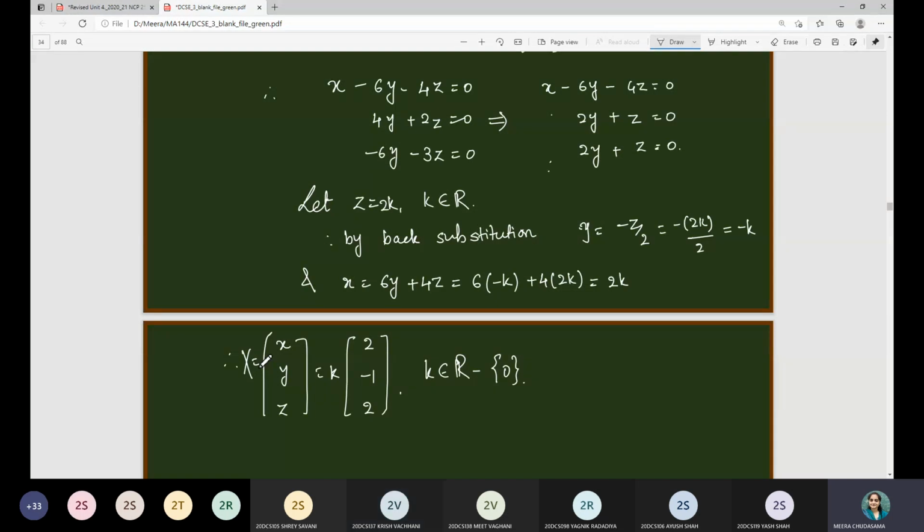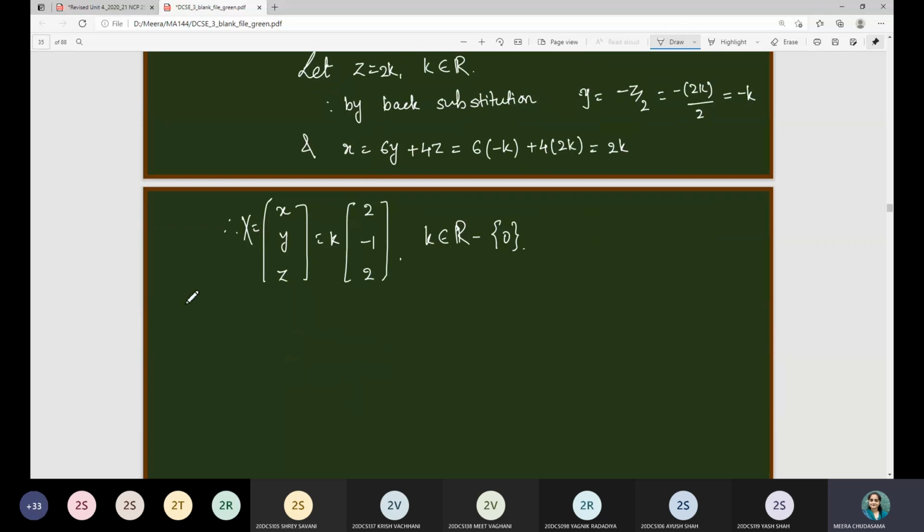Yes, because we are considering the eigenvector as a non-zero vector. Therefore, if k is equal to 0, then this will become a zero matrix. In that case, there is no notion of eigenvector, right? So each and every time whenever you write an eigenvector, and if it is a scalar multiple matrix, then you have to choose that scalar quantity as non-zero, right?